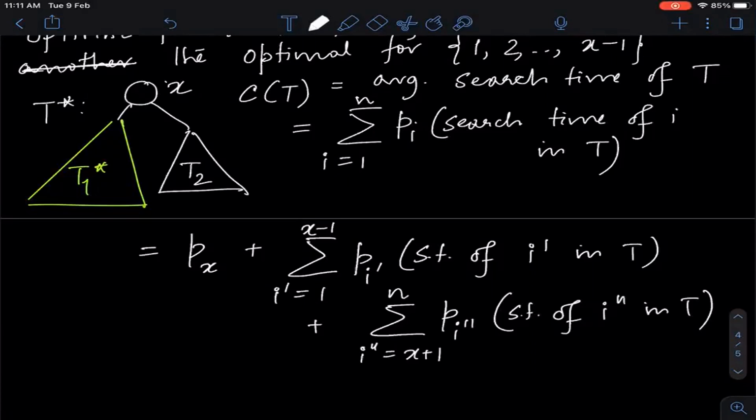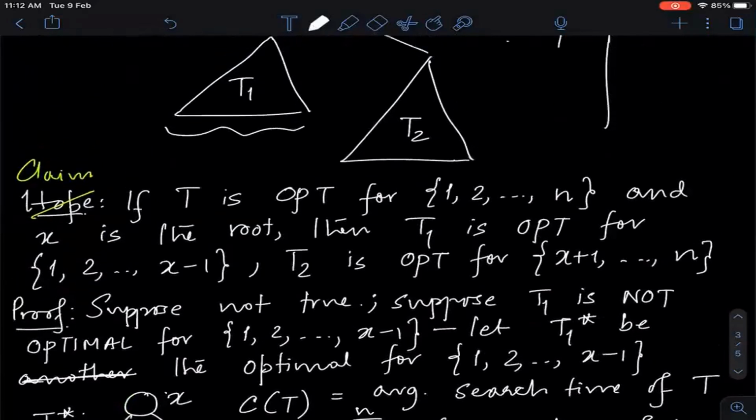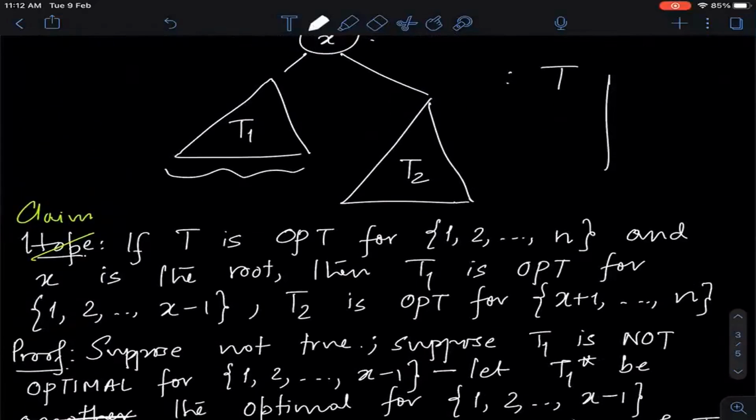Now here is a question. Somehow I have to go from the search time in T to the search time in T1 and T2. So can somebody tell me what is the relationship for any node which is, let's say, on the left? How can I write the search time of a node in T in terms of the search time in T1?